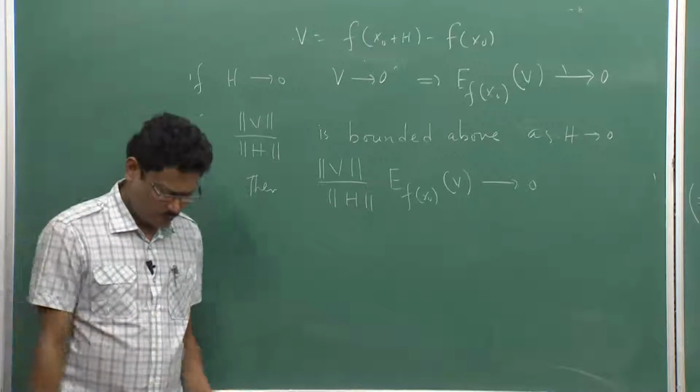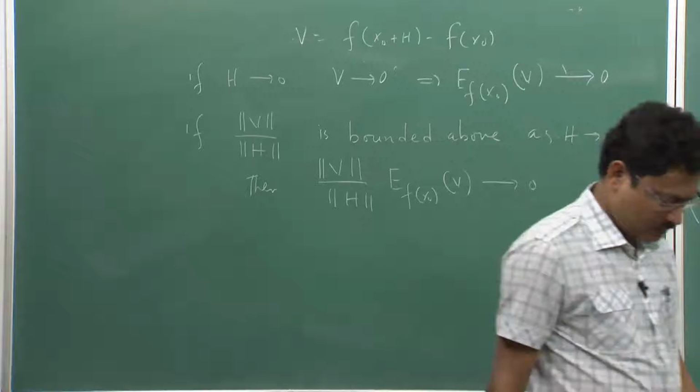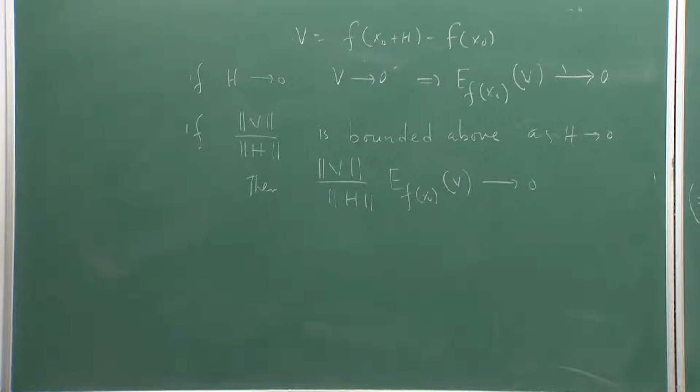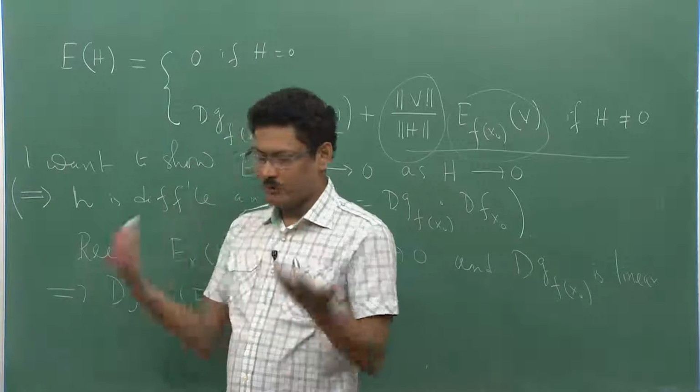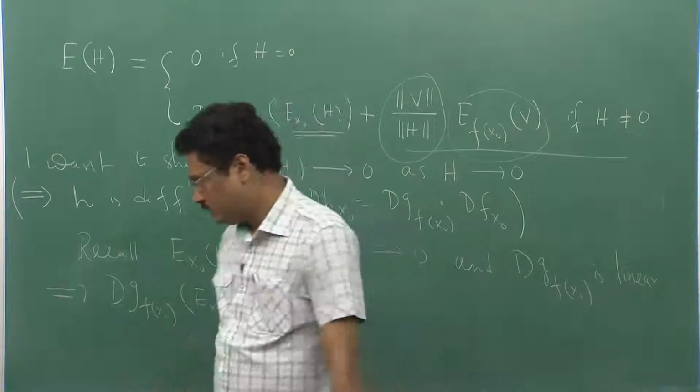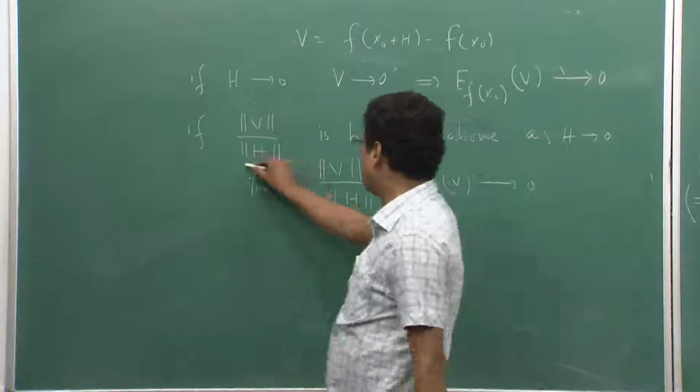All of you can convince yourself very quickly that if I multiply a sequence going to 0 with something bounded, then it goes to 0. So, I have to show that this is bounded above.